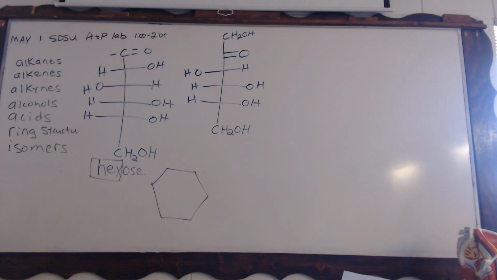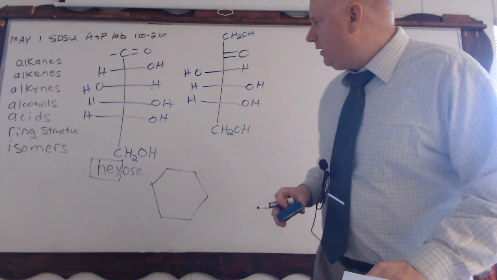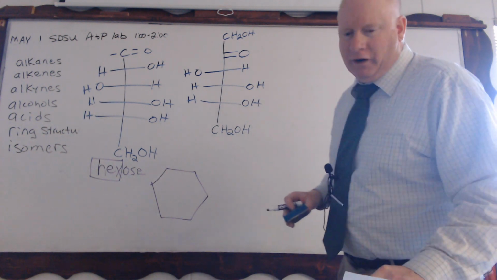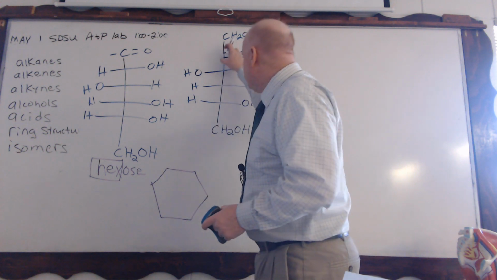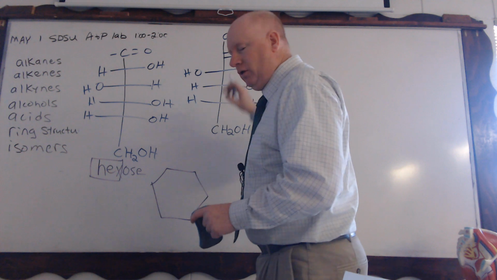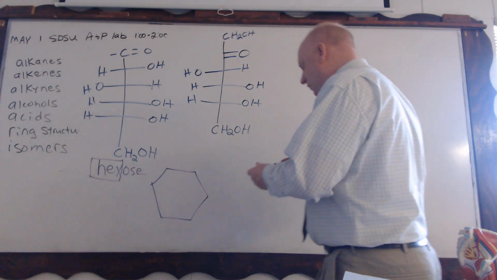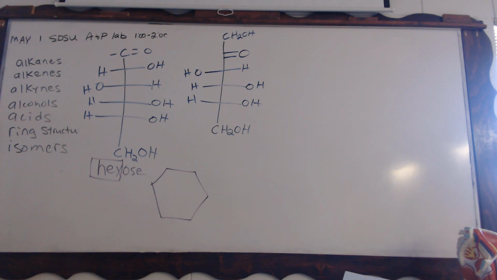In this case, okay, this structure is just a little bit different. It's also referred to as a hexose, but that's because there's 6 carbons here. But it's also a ketose-based sugar, okay? And this is just slightly different. You could say maybe a little tricky, but we'll work on that together and we'll get you through it.